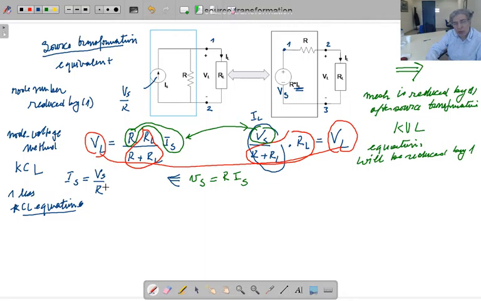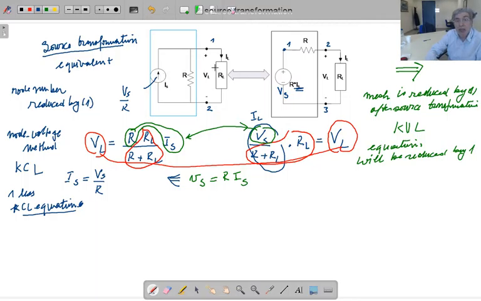One last thing maybe to mention, just before the last, let's say. This current direction here is important. In the calculation in here, we have chosen the reference of this independent current source upwards. So you've got to keep it like this.